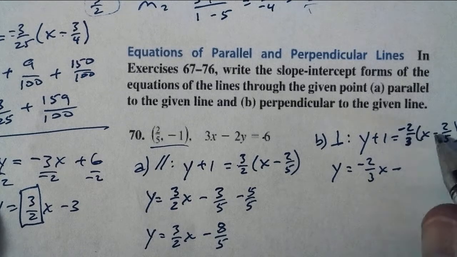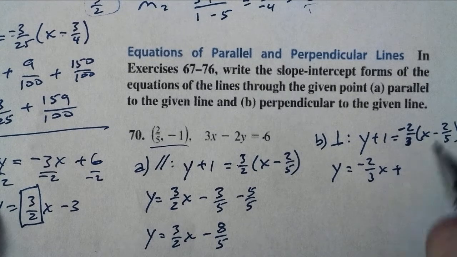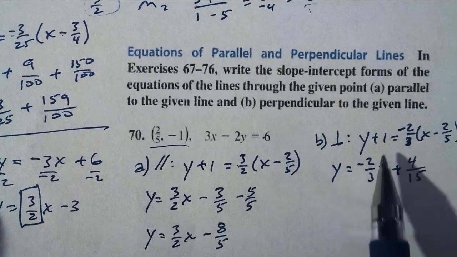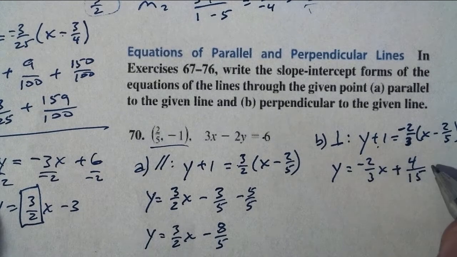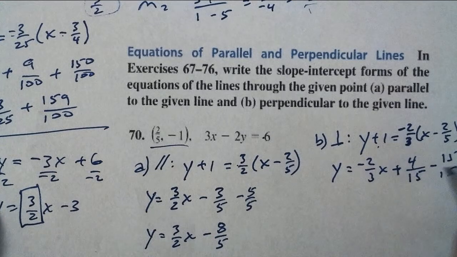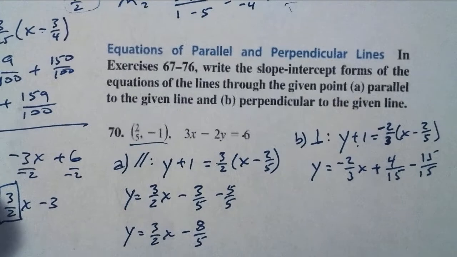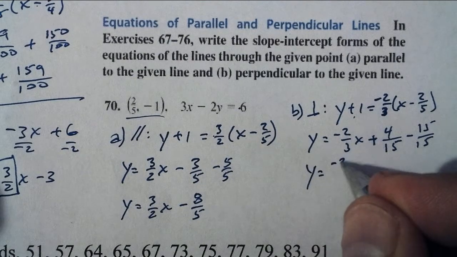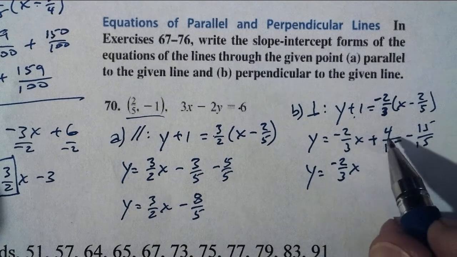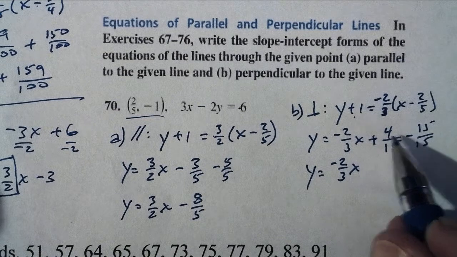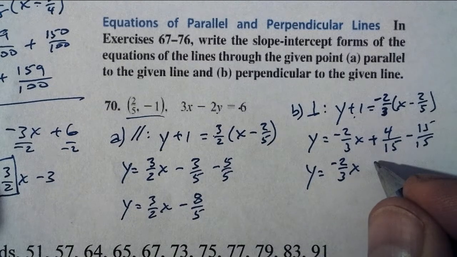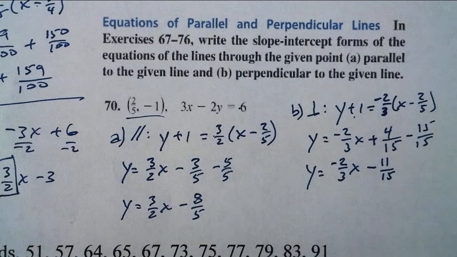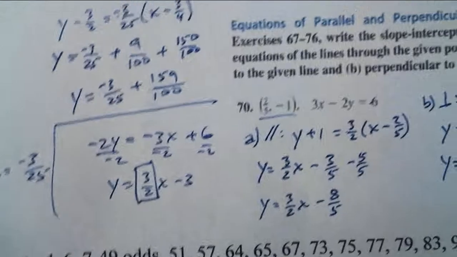So minus times minus is plus, 2 times 2 is 4, 3 times 5 is 15. And I need to subtract 1, so minus 15 on 15. And I end up with y equals negative 2/3 x plus and a minus, fight, 4 minus 15 is 11, but the negatives win, so minus 11/15.